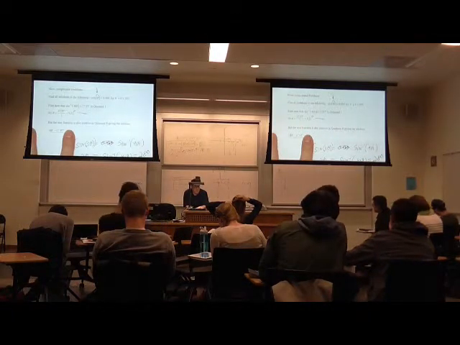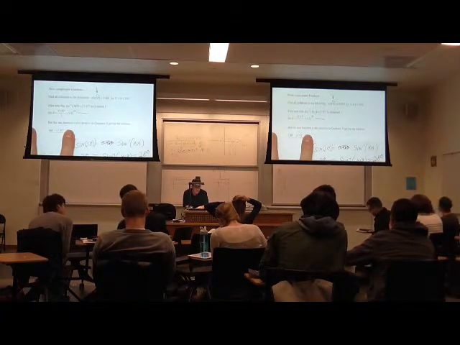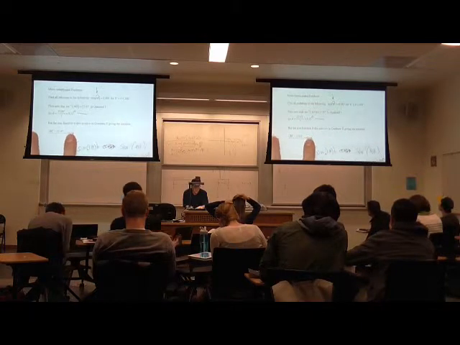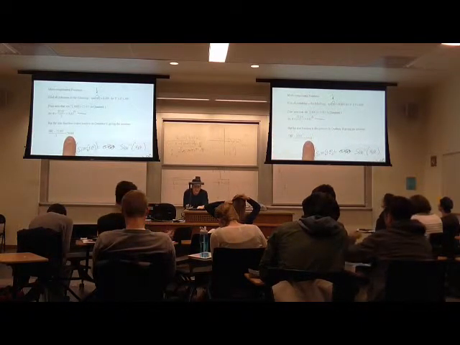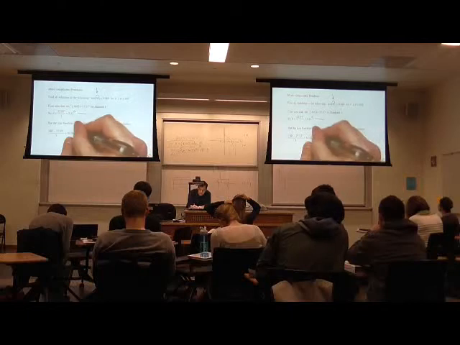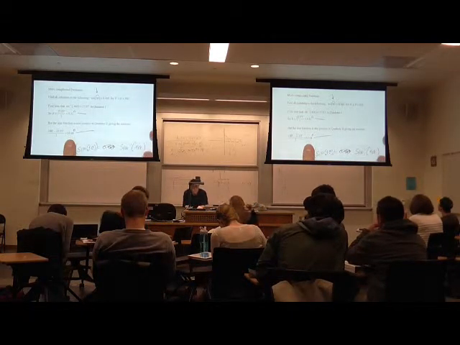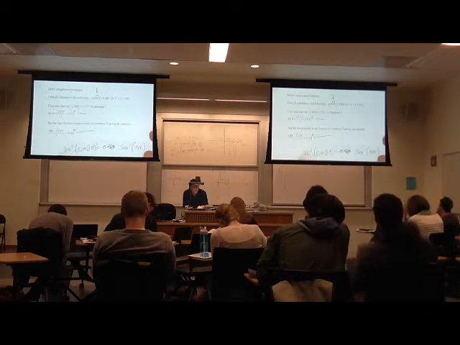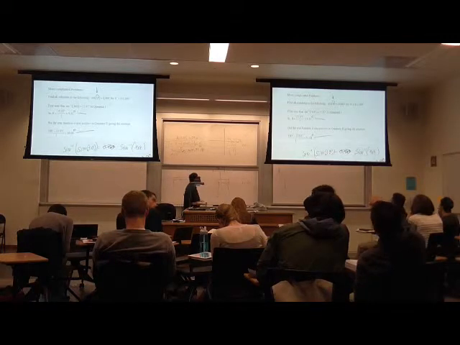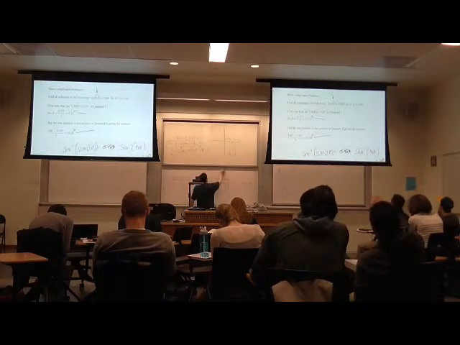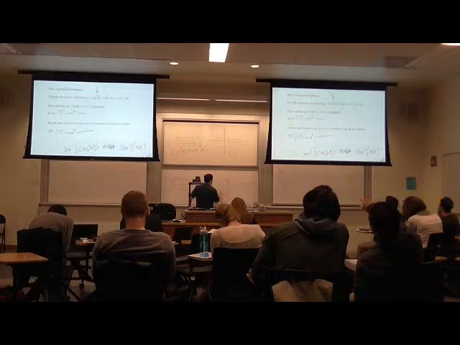But that's not our answer, that's still 3 theta. So we divide by 3, and now that's our second value. I can't really do this by drawing lines the way I did it before.